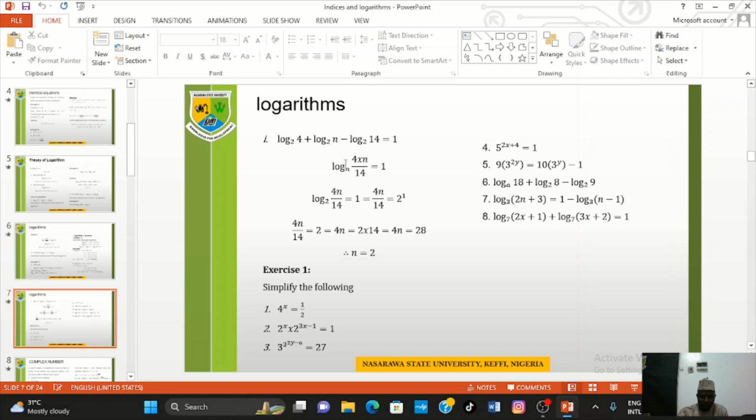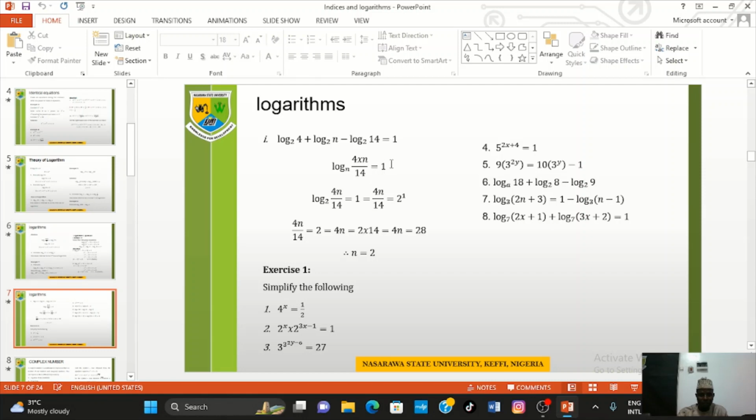Then minusing this, it means this one will be divided by log 14 to base 2. So since they possess the same base now, it can transform to be the log to the base 2 of 4 times n all over 14.